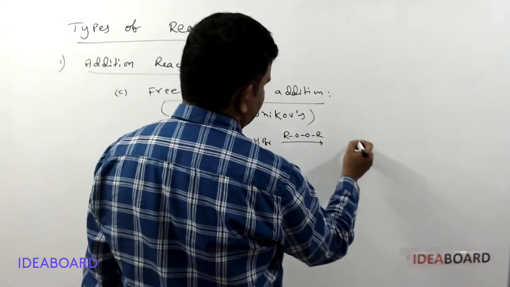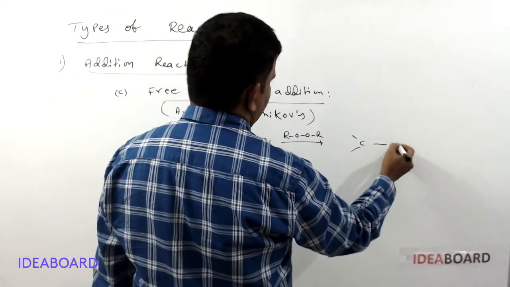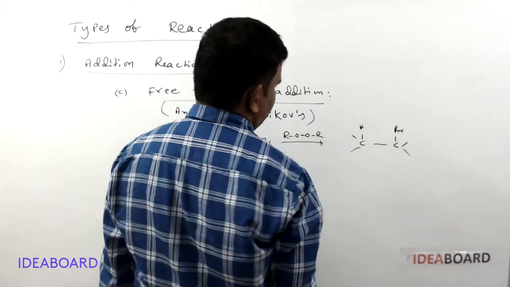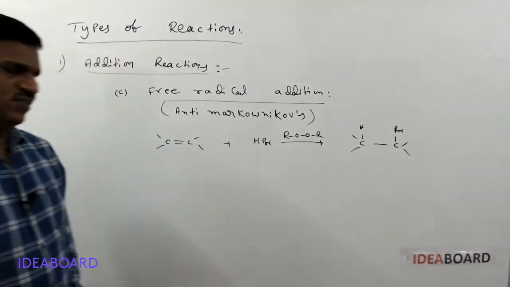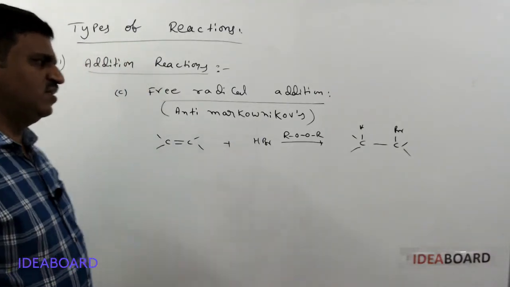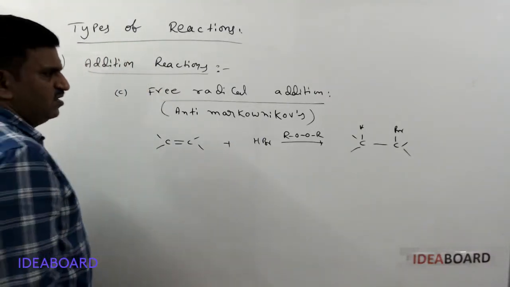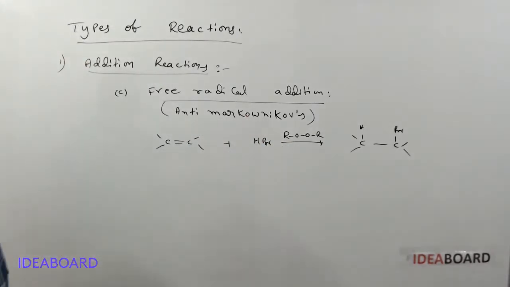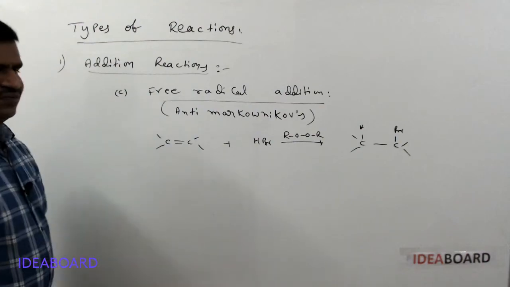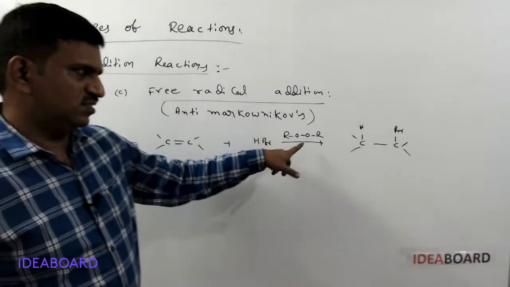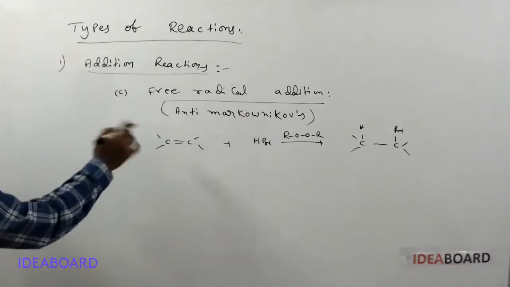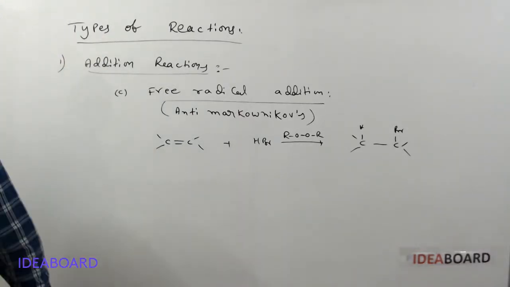Then we get a single bond with Br and H. In the presence of peroxide, HBr first forms free radicals; the Br free radical attacks first, then the H free radical. Free radical reactions mainly occur in the presence of peroxide. That is the three types of addition reactions.